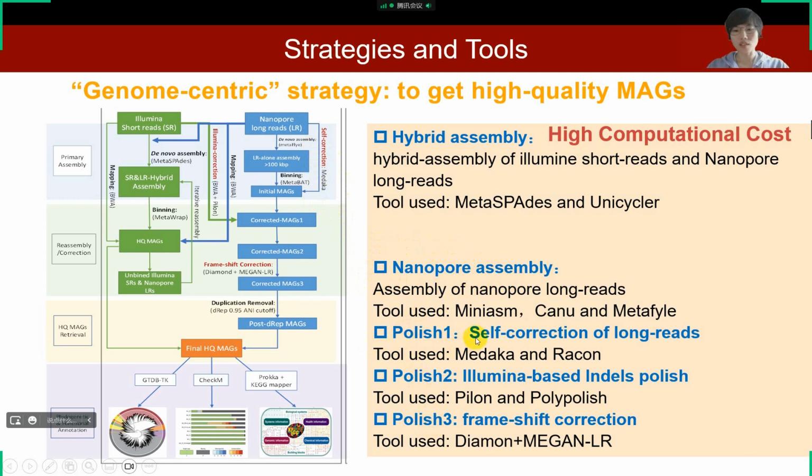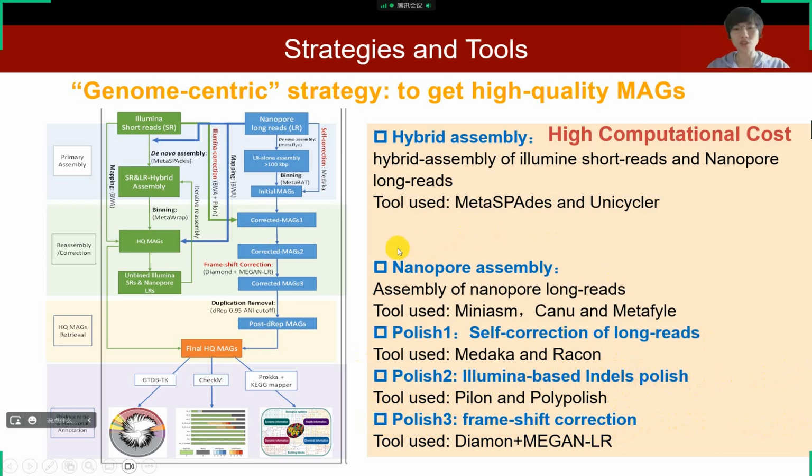The first one is the self-correction of long reads itself, and the second one is where the Illumina dataset gets integrated into the workflow. We use the Illumina short reads to polish the indel errors on the nanopore-assembled contigs. And the third step is the frameshift correction based on the alignment to a well-documented protein database.